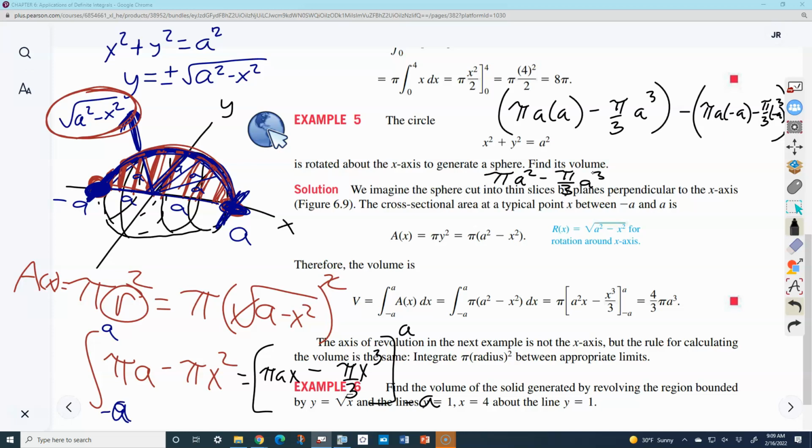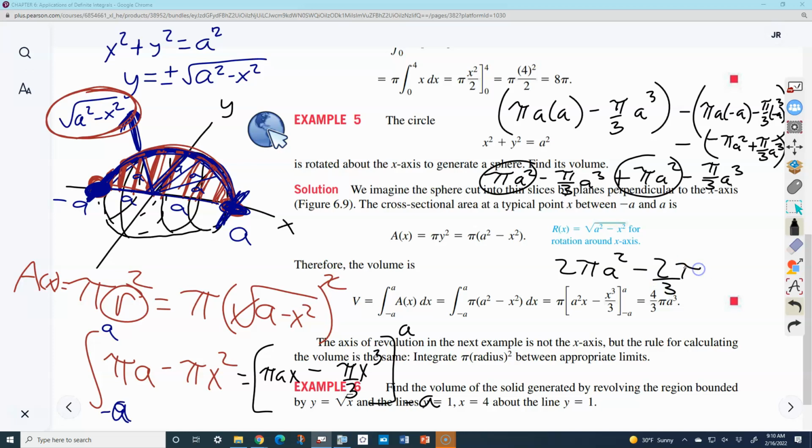And this will be negative pi a squared. That's going to be plus pi over 3 a cubed. I've got a minus in front of that whole thing. That's going to be plus pi a squared minus pi over 3 a cubed. So now if I combine like terms, I get 2 pi a squared minus 2 thirds pi a cubed.